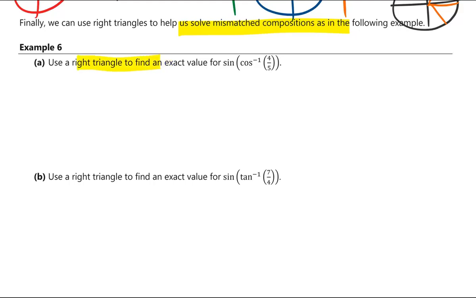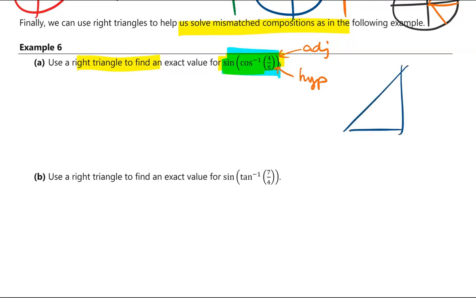For cosine, we know that with SOHCAHTOA, this is adjacent and this is hypotenuse. So if we have our right triangle, this is the angle, adjacent is 4, so 4 here, and hypotenuse is 5.